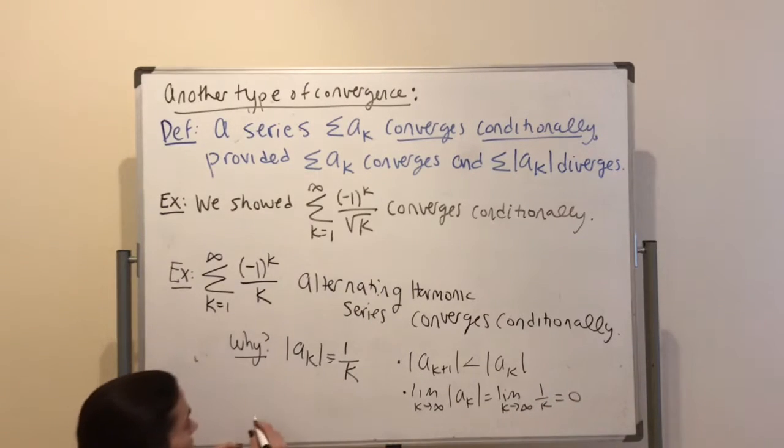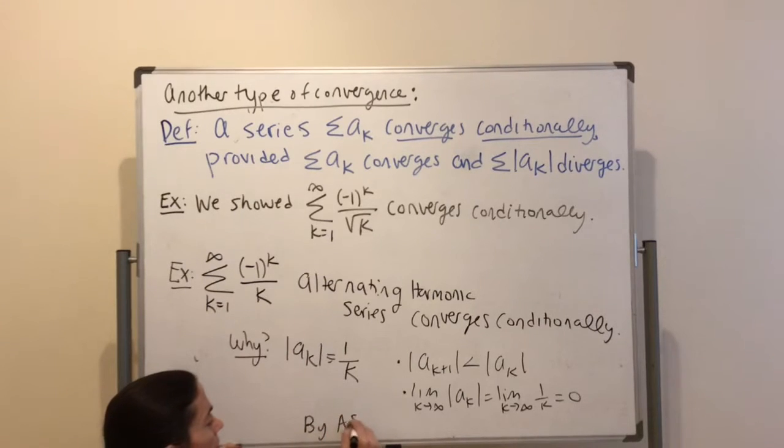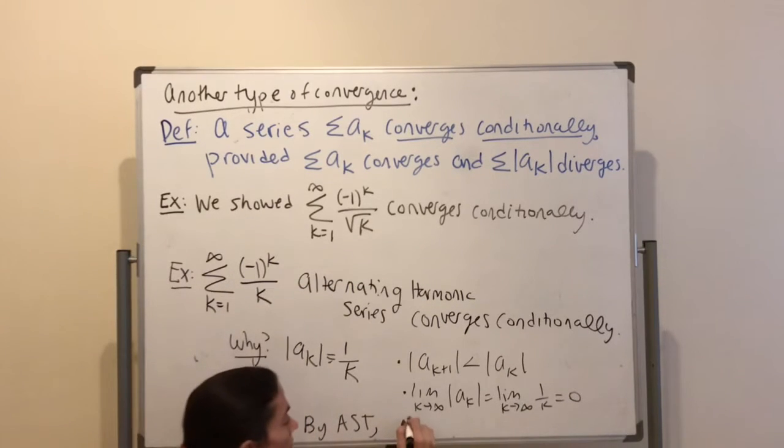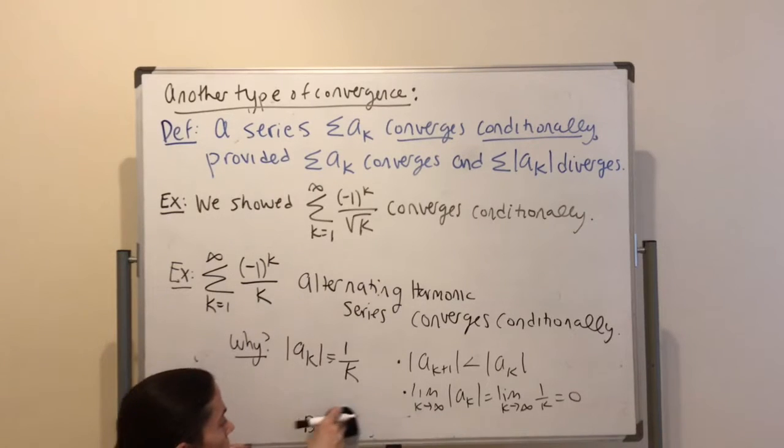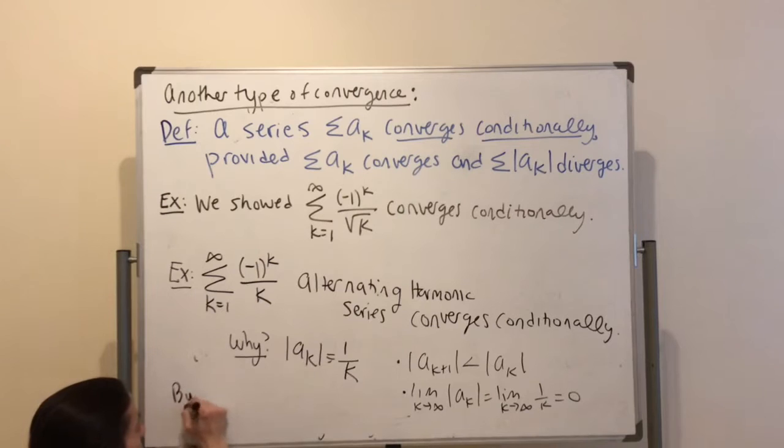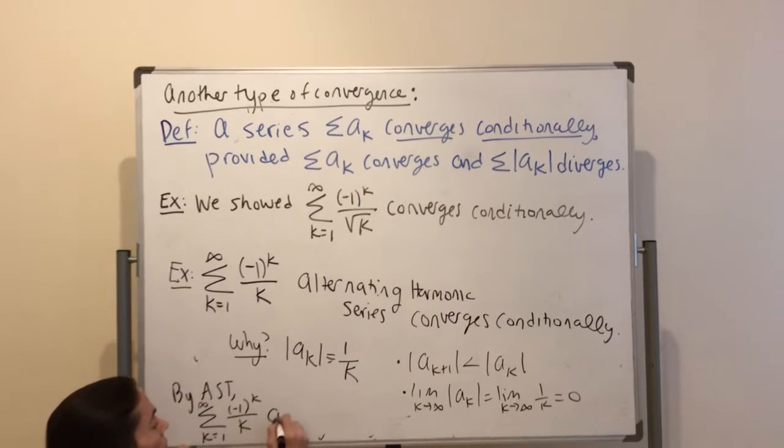So by the alternating series test, I will abbreviate because I'm running out of space. By the alternating series test, the series itself, the sum from 1 to infinity of (-1)^k over k, converges.